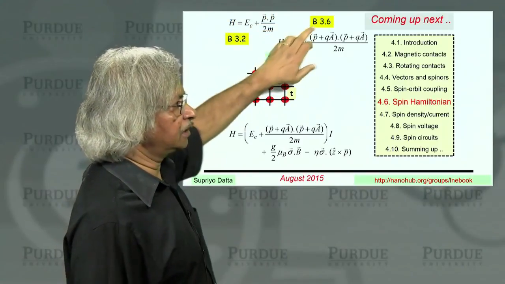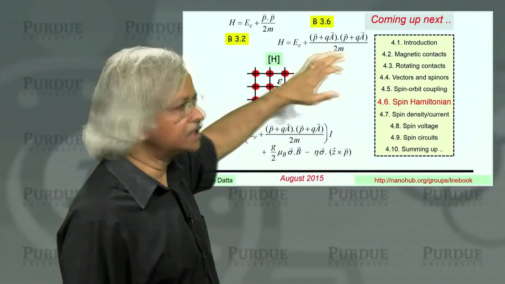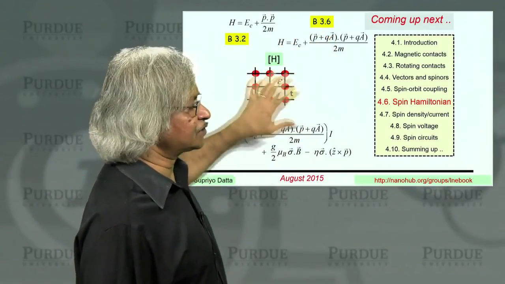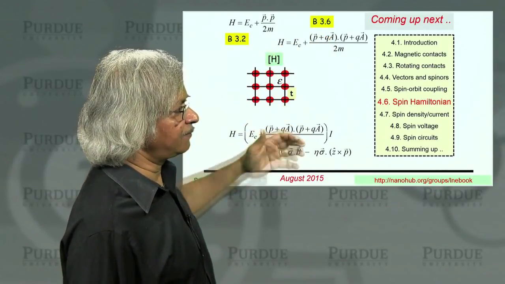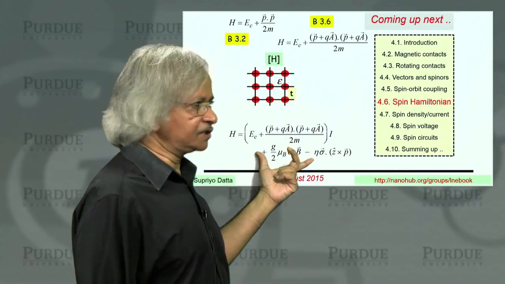And we talked in 3.6 about how you could extend that to include vector potentials. What we'll do in the next lecture is talk about how you can choose these parameters so as to correspond to this spin Hamiltonian that we just talked about.